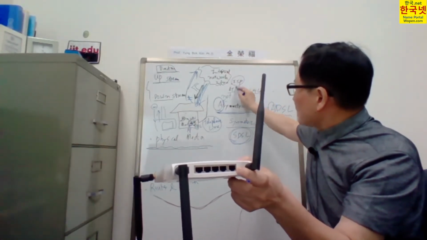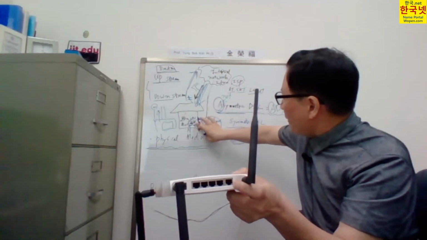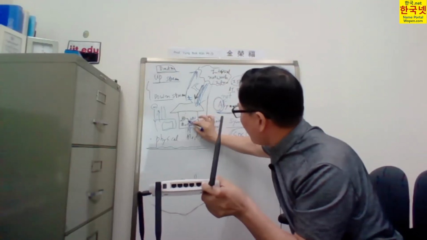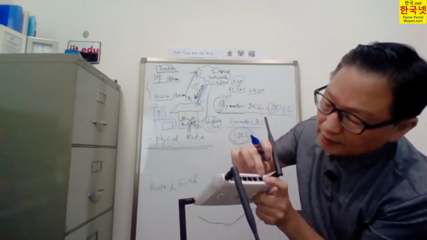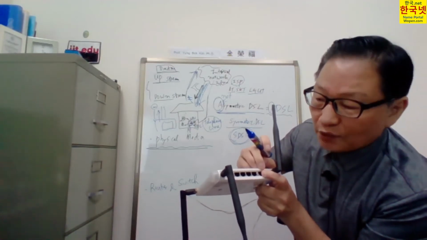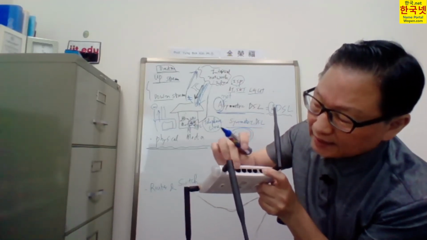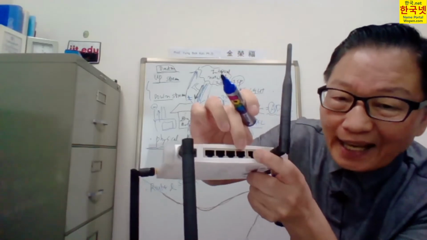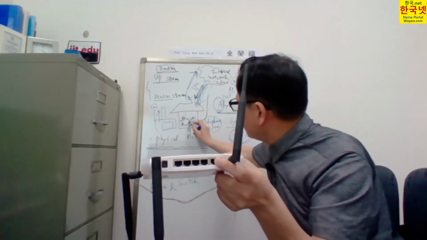Those are called internet service provider infrastructure that can be hooked up to it. We can use many LAN ports here. This one is WAN, the wide area network port. The others are just LAN ports.